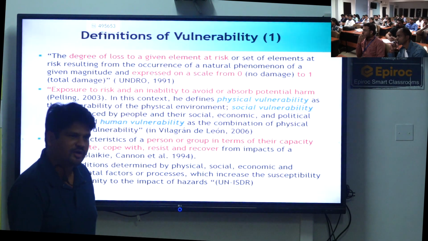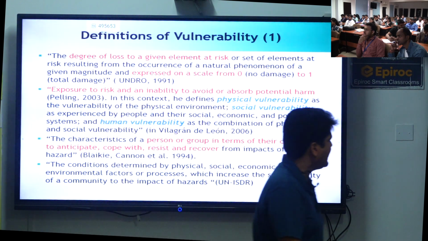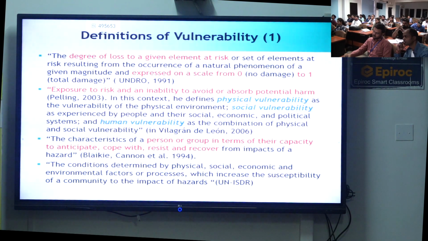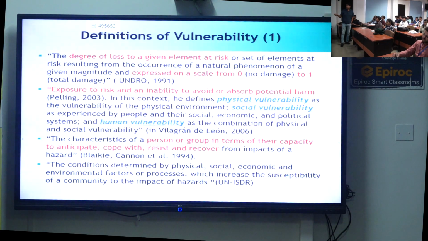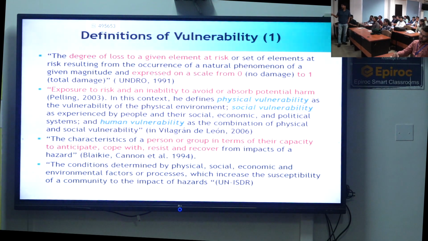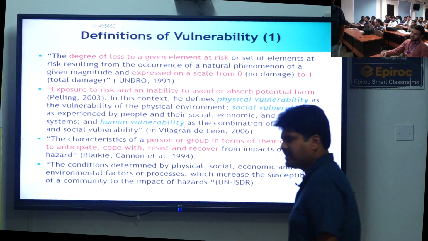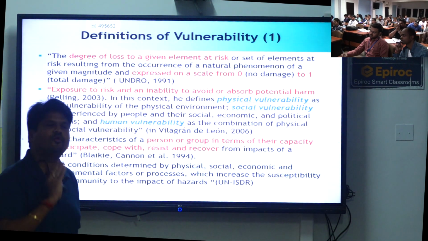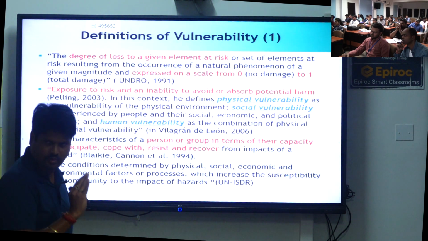In this context, this particular author expanded and brought in three different types of vulnerability categories. One is physical vulnerability, that means vulnerability of the physical environment. Social vulnerability, by people and their social, economic and political systems. And human vulnerability is the combination of both. It depends on what you want to do, but we would follow one particular approach when we want to do our vulnerability assessment.